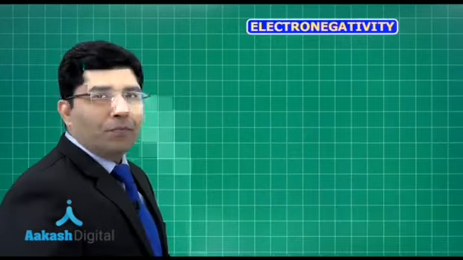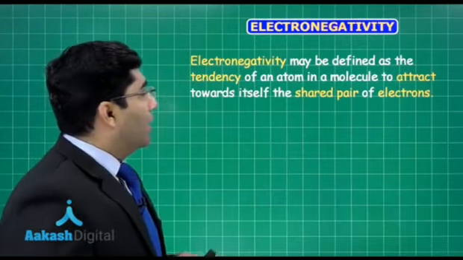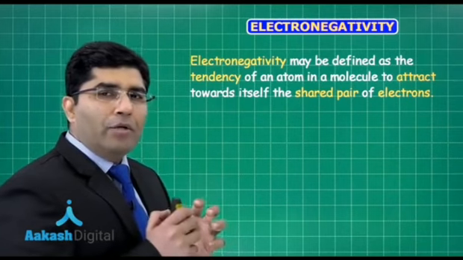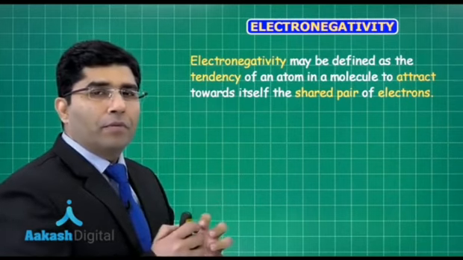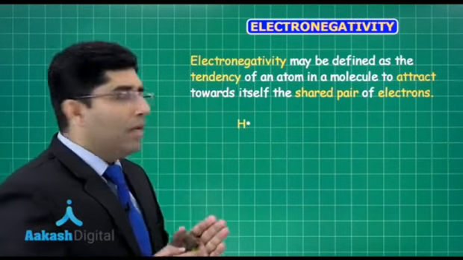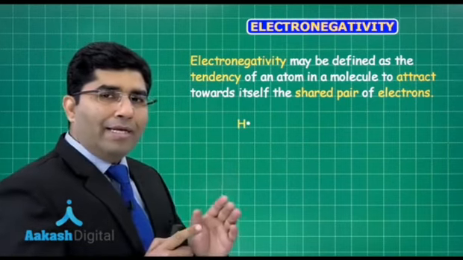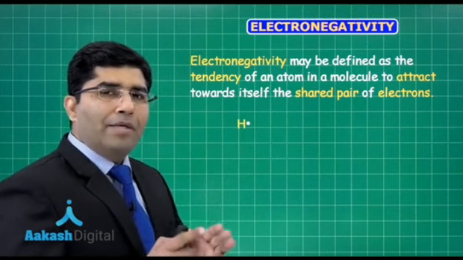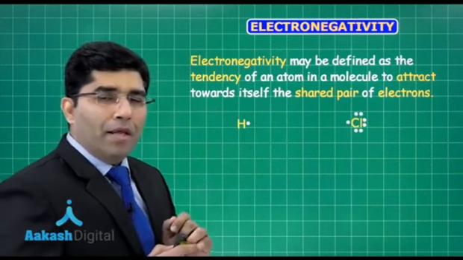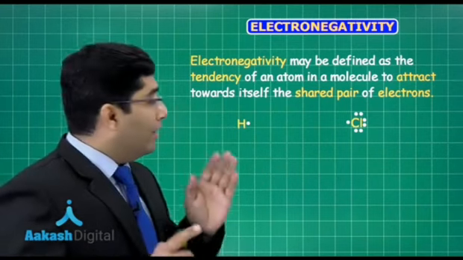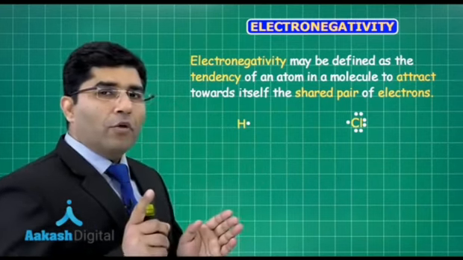Now what is electronegativity? Electronegativity is the tendency of an element to attract the shared pair of electrons. Now what does it mean? We know that hydrogen has one valence electron and it needs one more electron to complete its duplet. And we know that chlorine has 7 valence electrons and it needs only one electron to complete its octet.